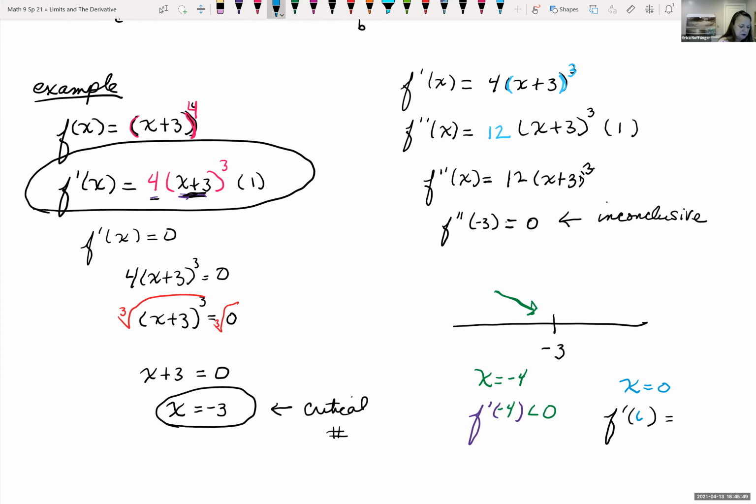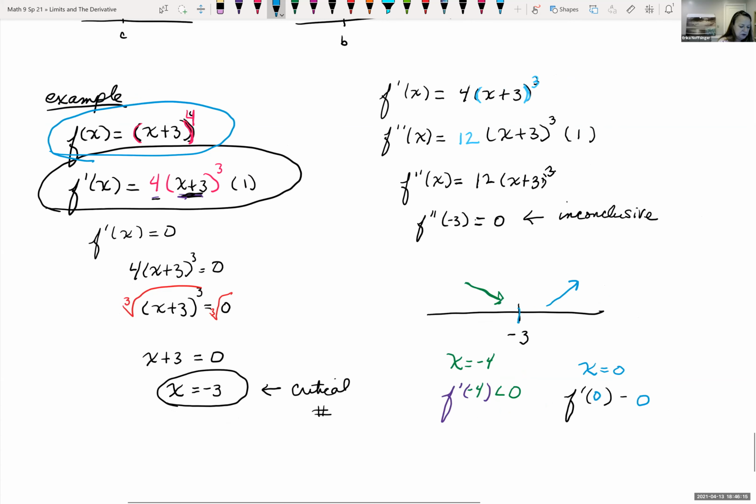So the first derivative evaluated at 0 gives us a positive number, which is greater than 0. And so this is increasing. So something that is decreasing to increasing, where it's defined in the original, which it is, then I know that I have a minimum value.